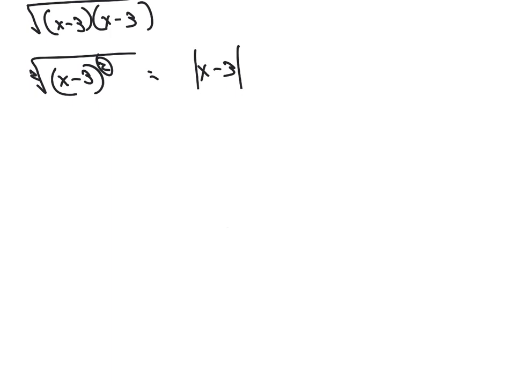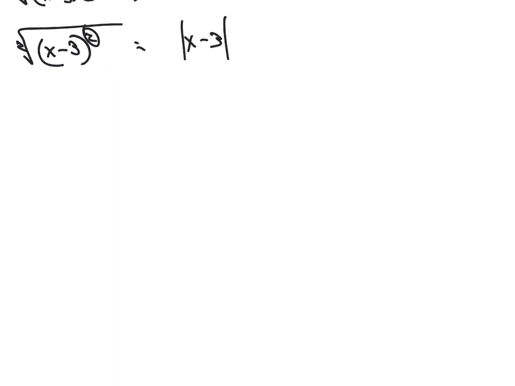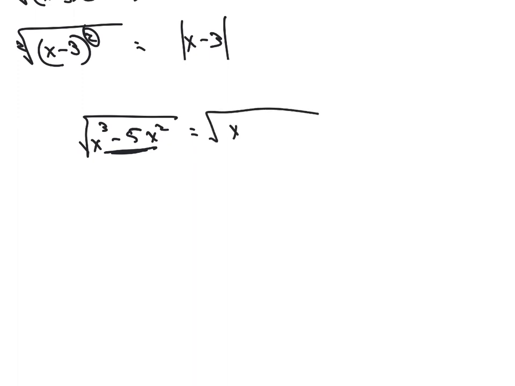Same is true with number 14, where I have x cubed minus 5x squared, and it's under a square root sign. And what do I get here? I can look at this and factor out an x squared, and I'm left with an x minus 5 in the parentheses.